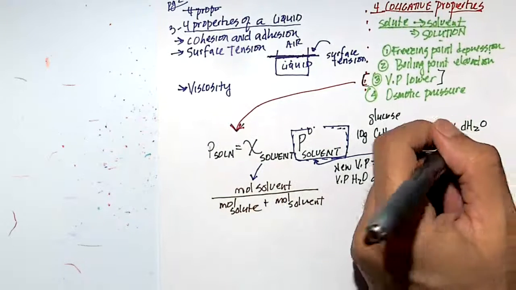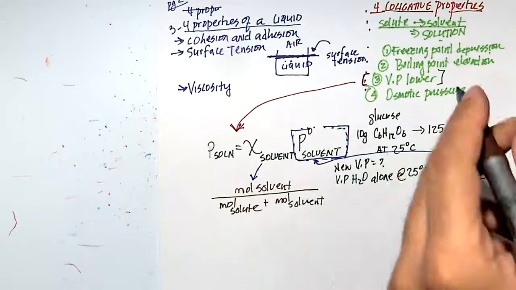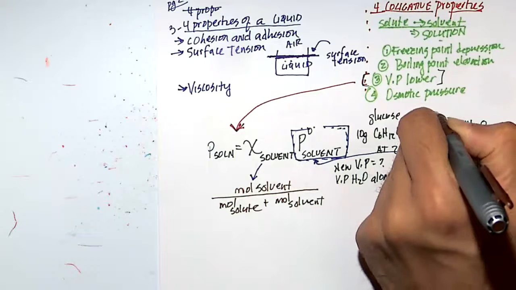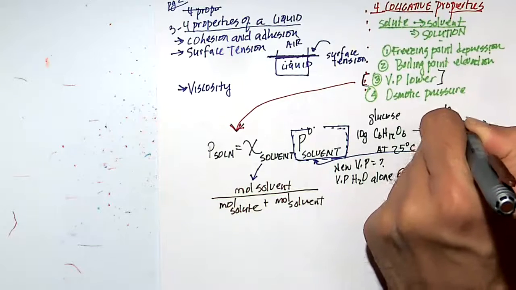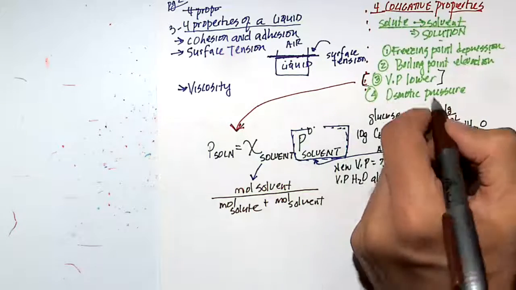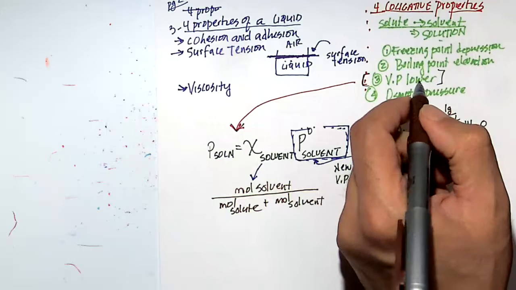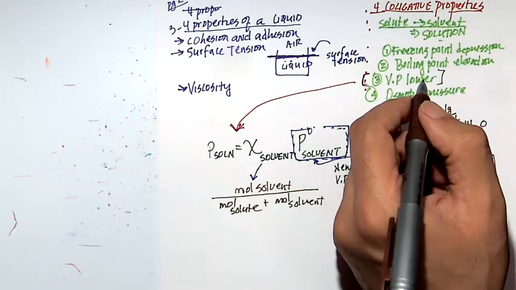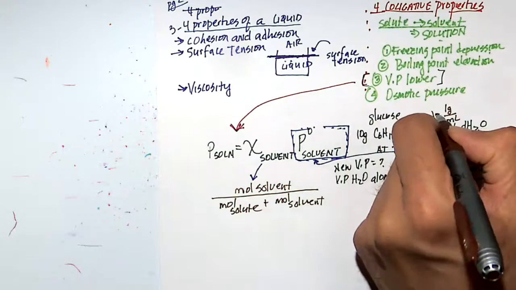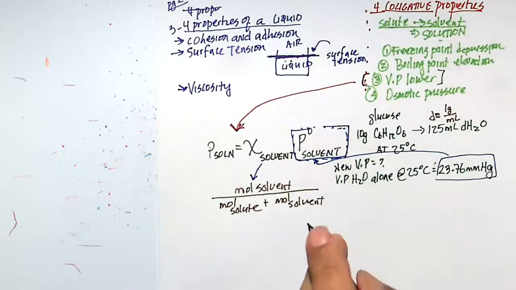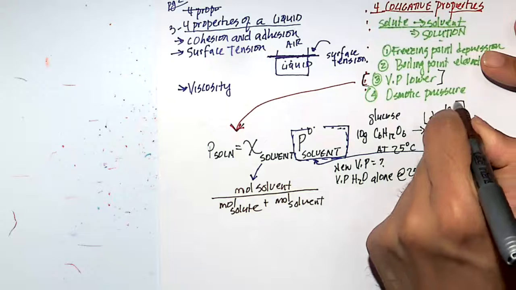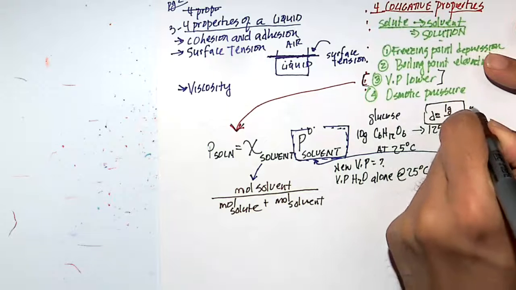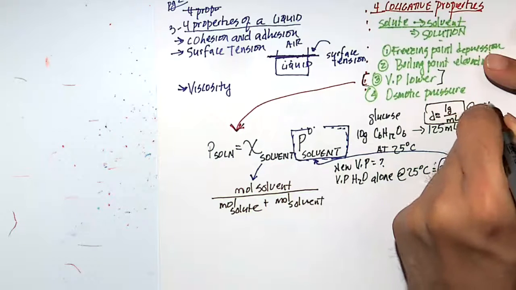Anytime you have to deal with water, I just memorize this. The density of water is about 1 gram per mil at room temperature. So just keep that as a memory: density of water at 25 degrees is 1 gram per mil.